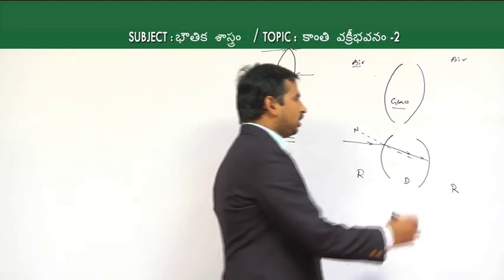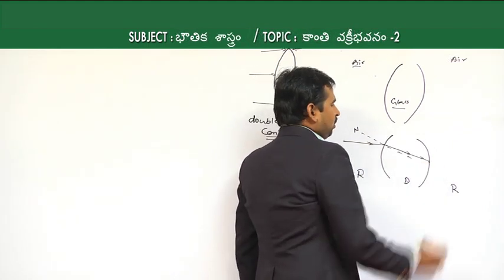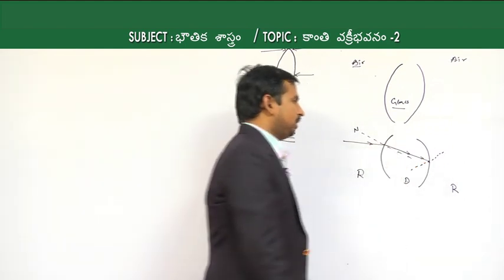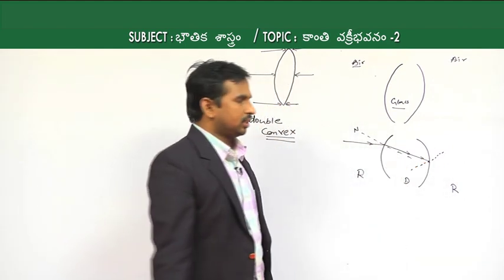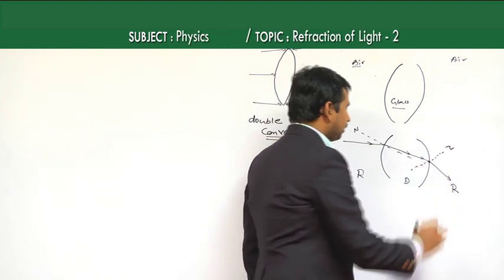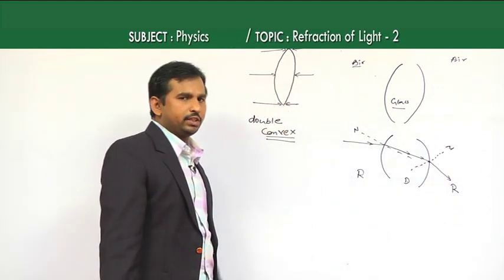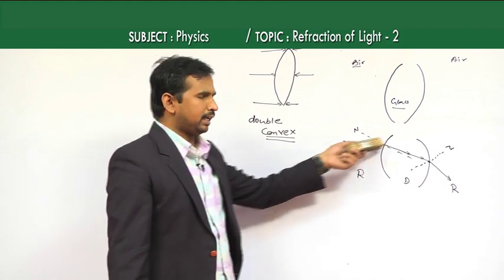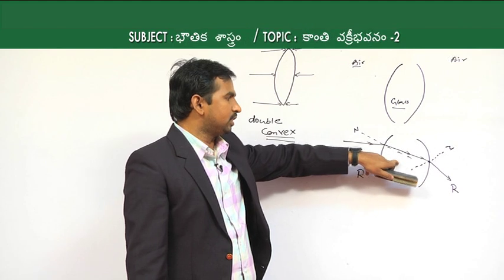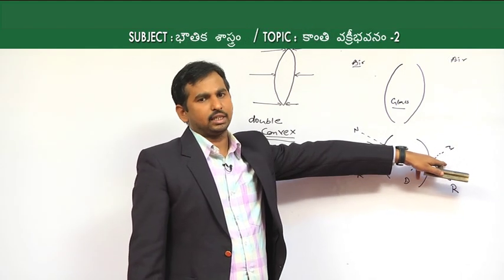Now again if you are taking the normal here for this surface, the light ray bends away from the normal like this. If you observe here, the light ray which started here in a straight line like this is bending towards the normal in the first case and away from the normal in the second case.